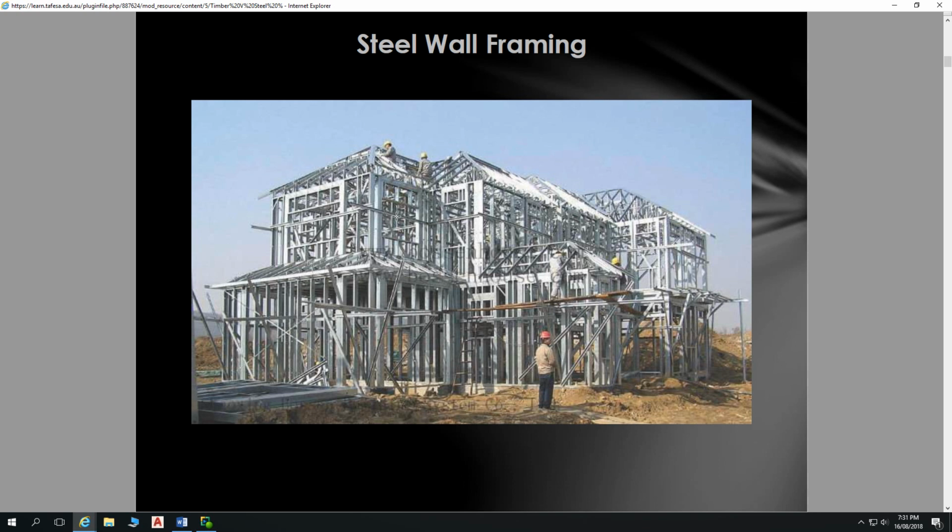With our steel wall framing, the most common for residential architecture is cold rolled steel framing, where we've got light gauge steel, thin base metal thickness, which is rolled into various different profiles. The manufacturers of those profiles own that intellectual property for the design of their sections, and also for the application of the design of those sections.